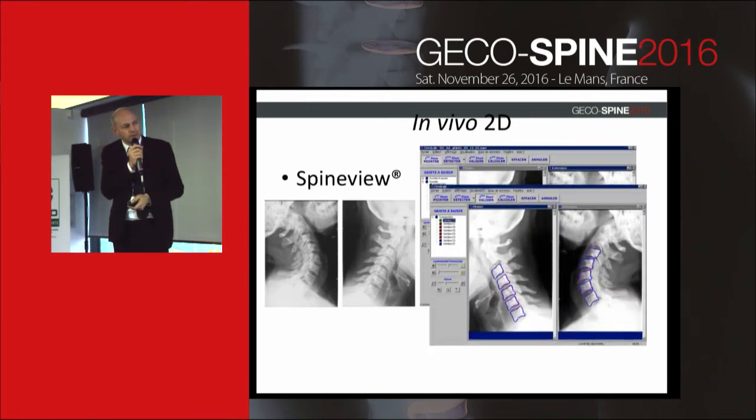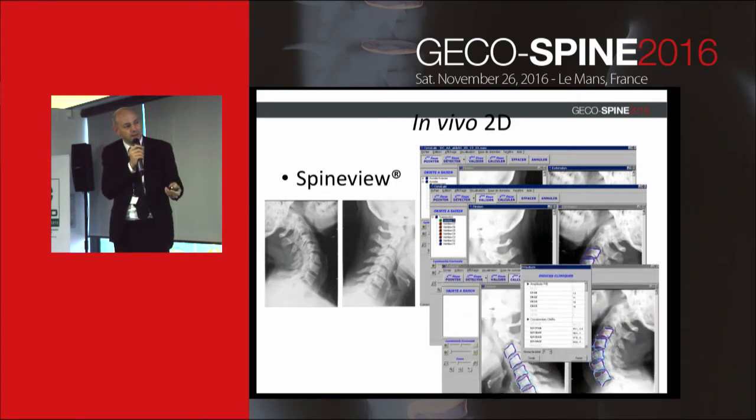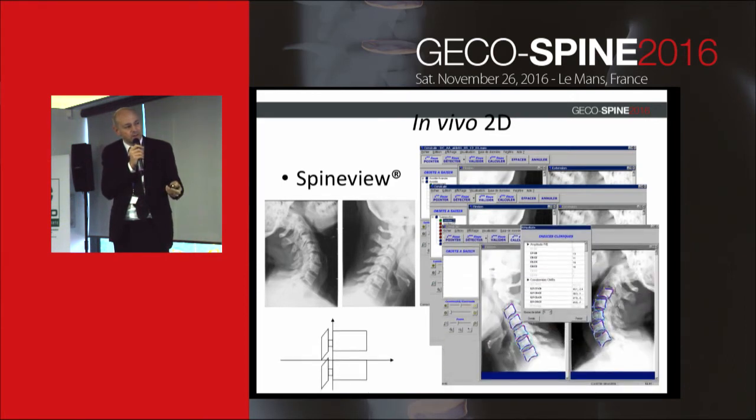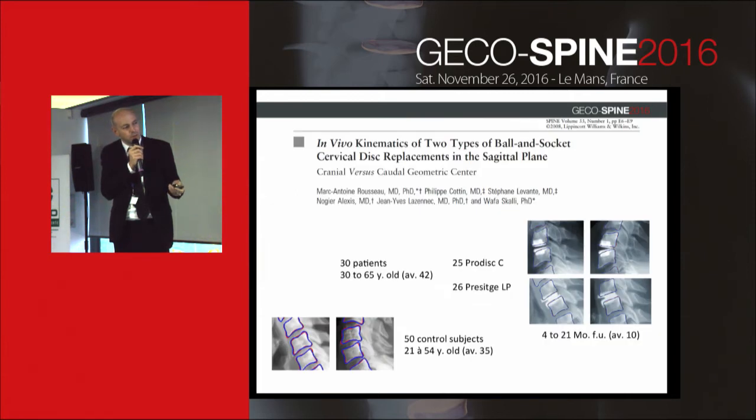I've been using for a while this software, SpineView, for investigating the mobility and the center of rotation. And one of this work happened to be published, comparing two types of prosthesis: one with a mobile nucleus, Prestige, one with an inverted ball and socket, and one with a more classical ball and socket with a ball at the bottom part, ProDisc and Prestige.